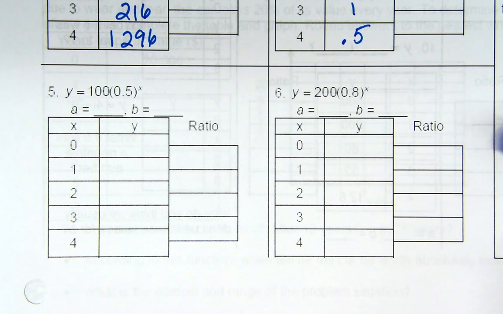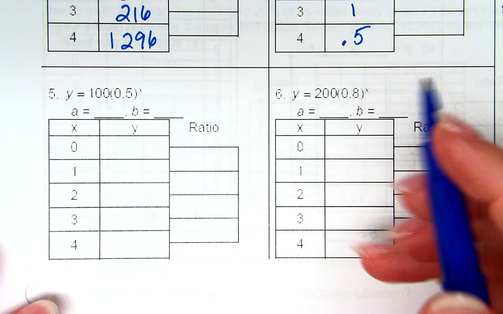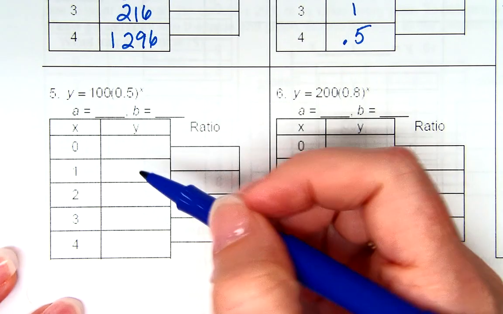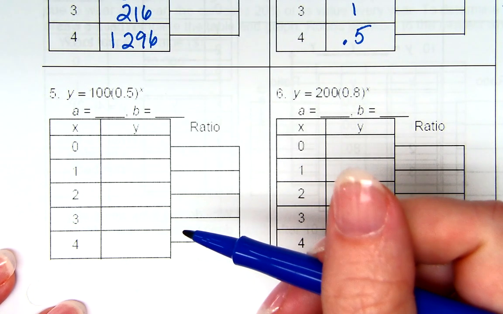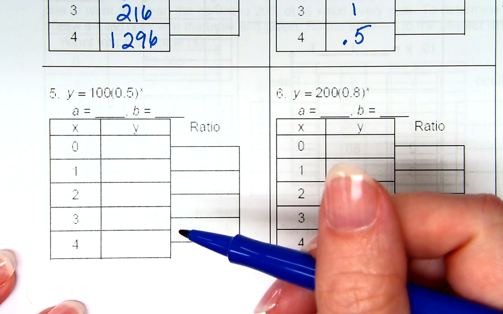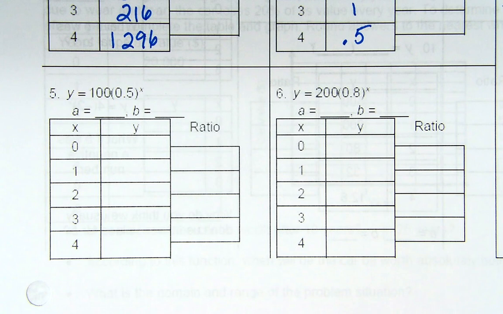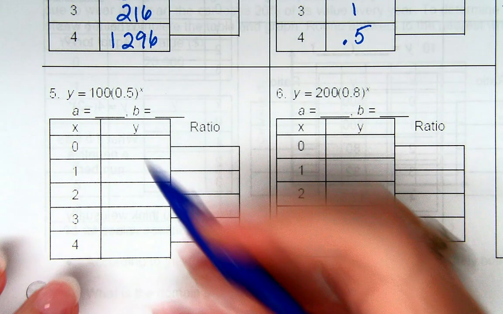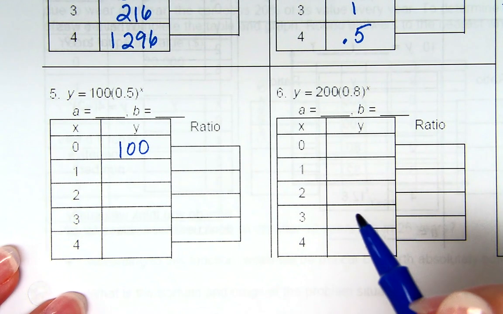Okay. So now go to table number 5. We have y equals 100 times 0.5 to the x power. Jake, whenever you're ready. 100, very good. 50.